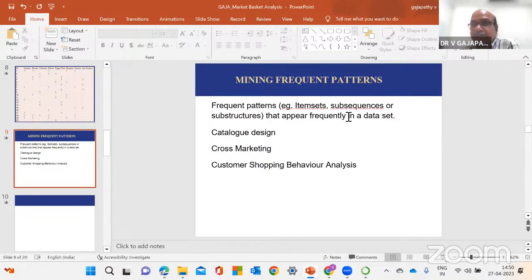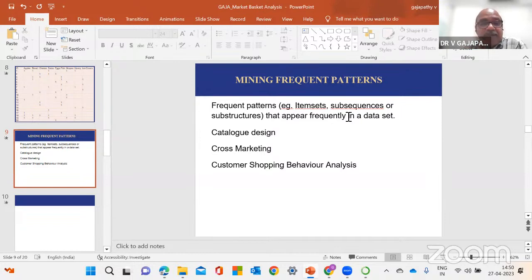For subsequences, we take into account in what order you are buying. In item sets, we are not taking order, but we are taking it as a basket. That is why it is called item sets. Usually in data mining, particularly in MBA, we use the word itemsets without any space between item and sets. This is very, very useful for catalog designing.